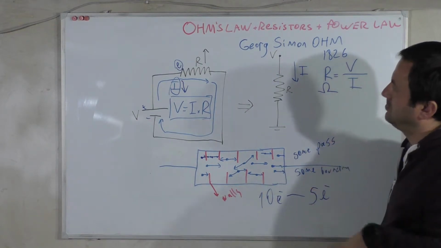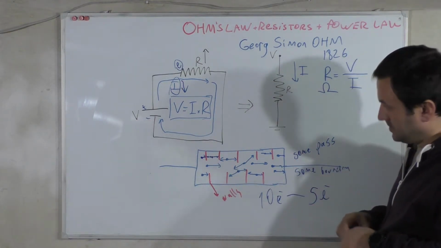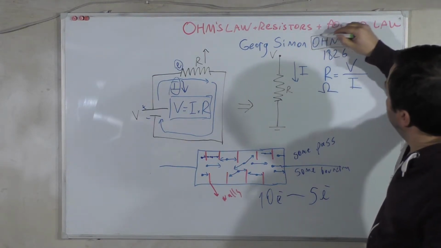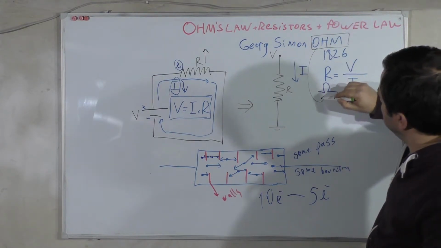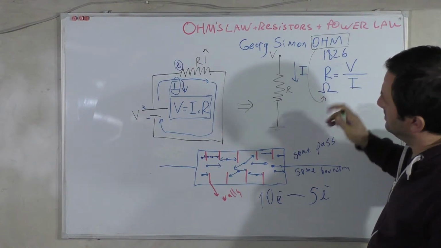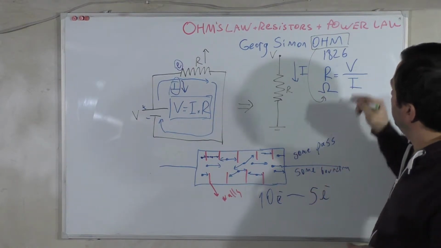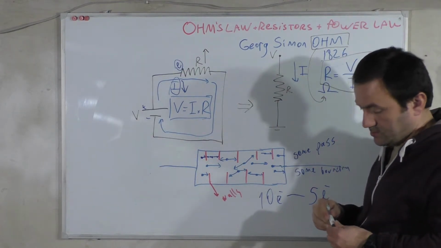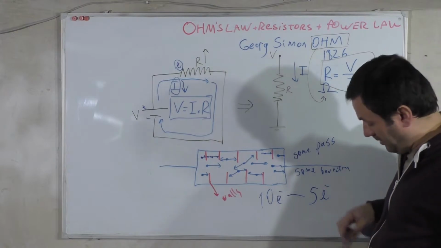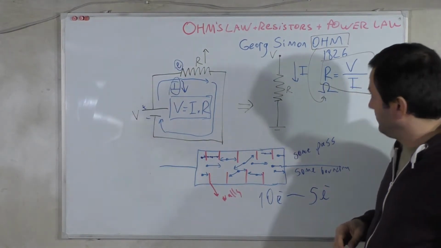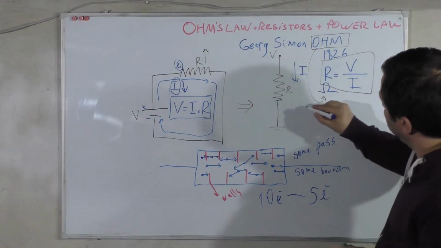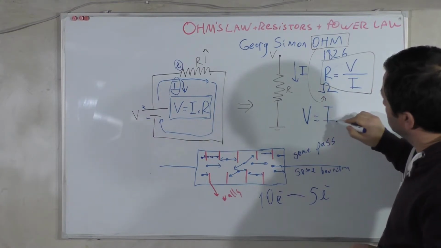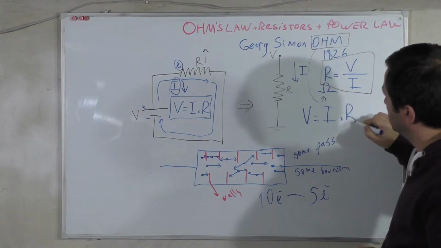There is some ratio, and he called it resistance. He gave it his last name, Ohm, and the symbol is omega. And the main formula is here. But in every textbook everywhere you see it like this: voltage is equal to current multiplied by resistance.